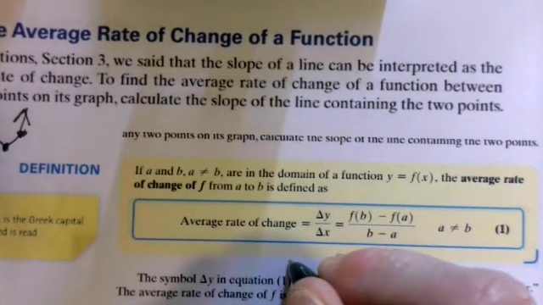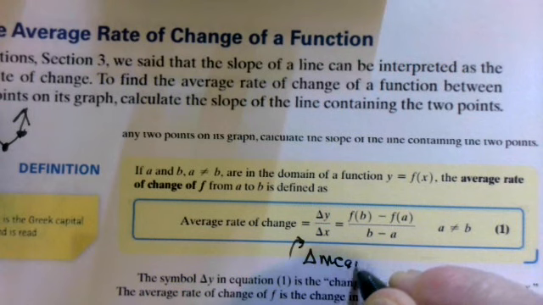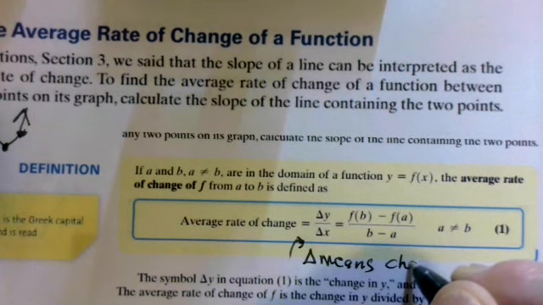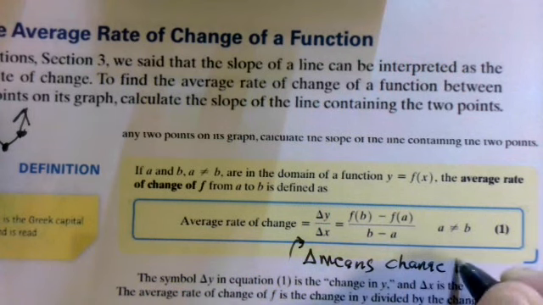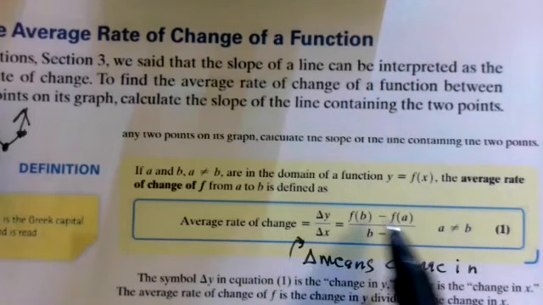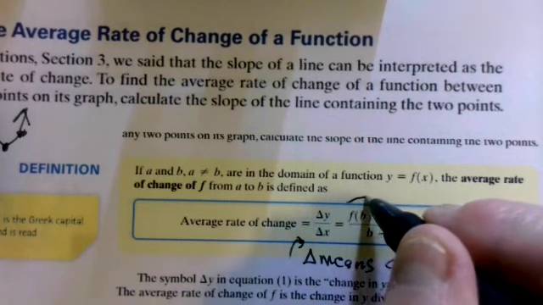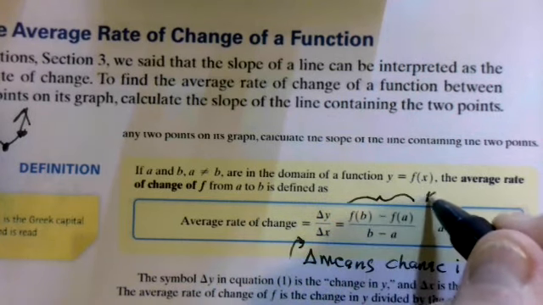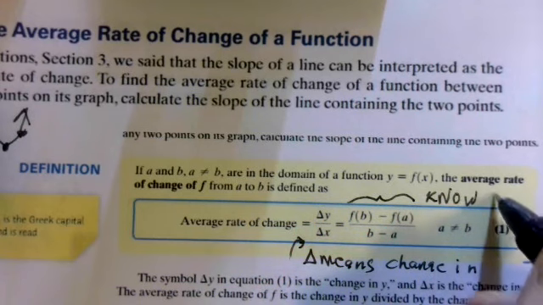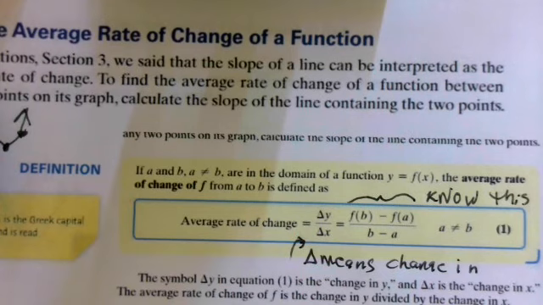Delta means the change in. So the change of y over the change of x, or in other words, this is what we use, f of b minus f of a over b minus a. So let's know that formula, so we can calculate the average rate of change.